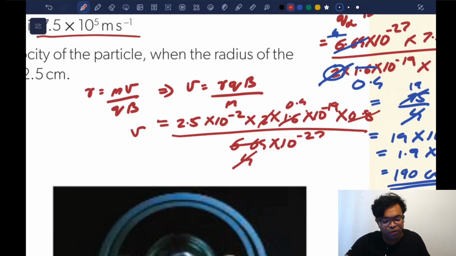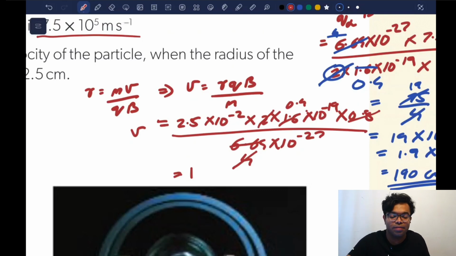Okay, so 2.5 into 4 is 10, so 2.5 into 0.4 is 1. Now 10 to the power minus 2 into 10 to the power minus 19 is how much? 10 to the power minus 21. Plus 10 to the power 27 will give you how much?